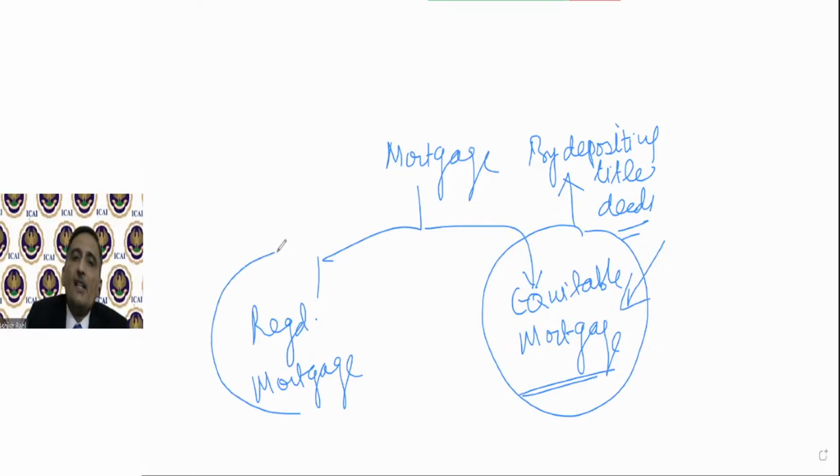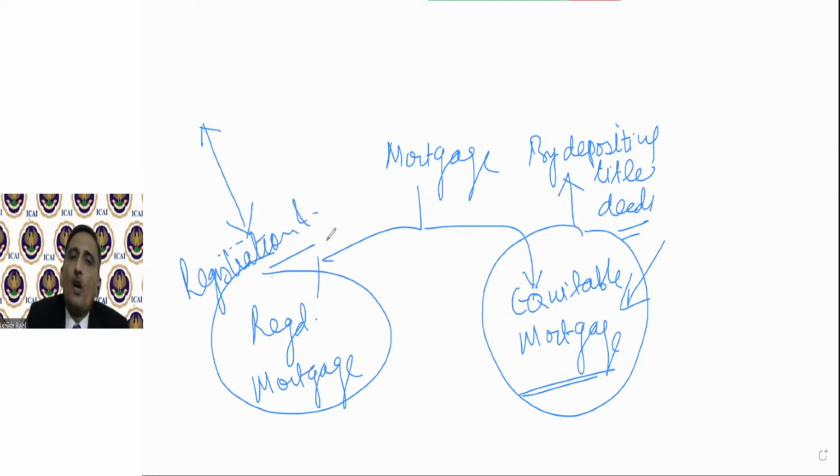Okay, and registered mortgage, you can understand this much only, that it requires registration and other formalities. Registration with the local registrar and other formalities.